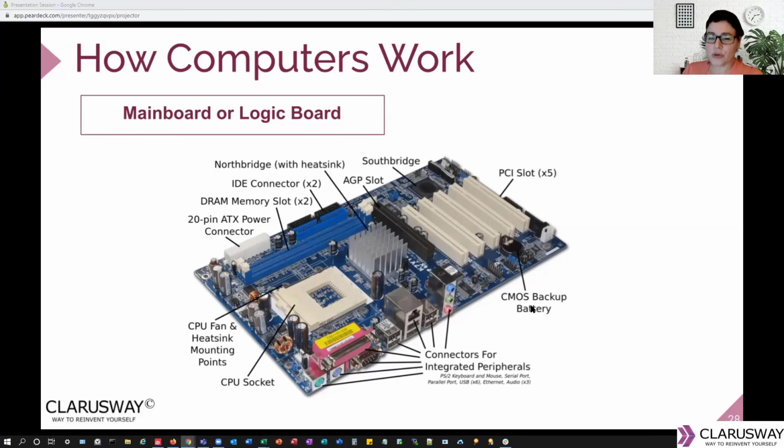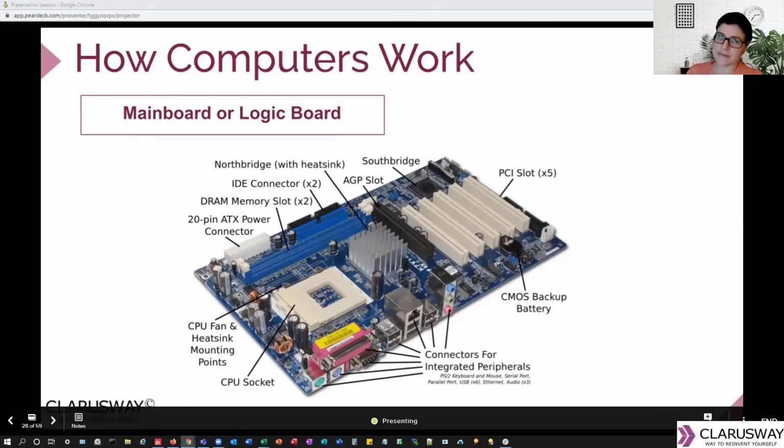But when you turn off your computer and you don't have electricity, even if you don't have battery power, somehow your computer still retains certain settings. The thing that stores all that system level, basic level information is run by this battery backup. Very small battery. It looks like a watch battery.